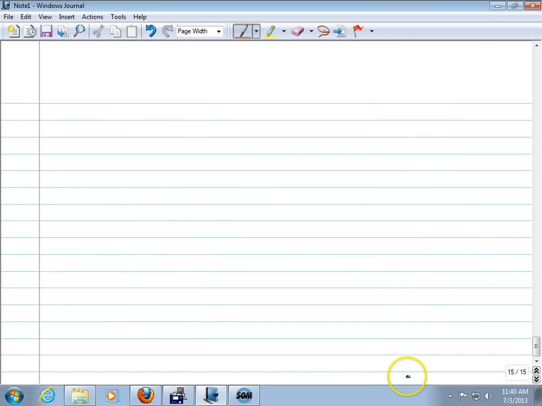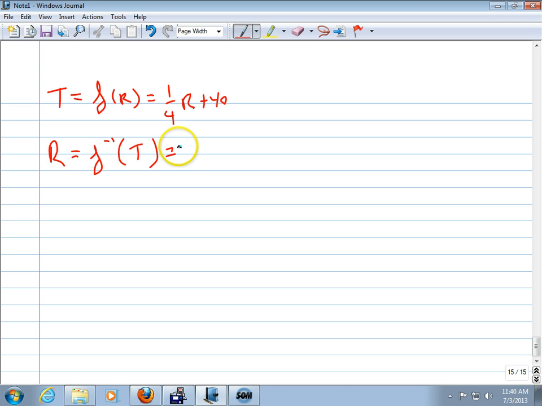We said that t is f of r, which is 1/4 of r plus 40. But then we also said that r is f inverse of t, which worked out to be 4 times t minus 40.